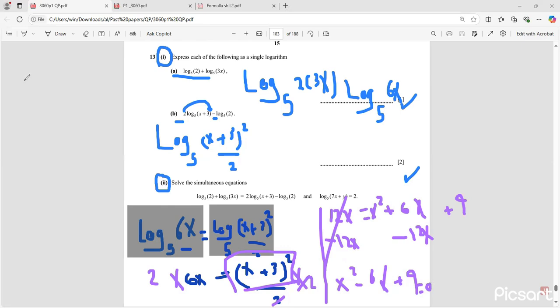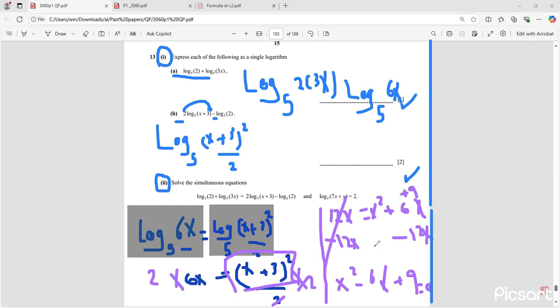So here we can complete it, and here was plus 9.